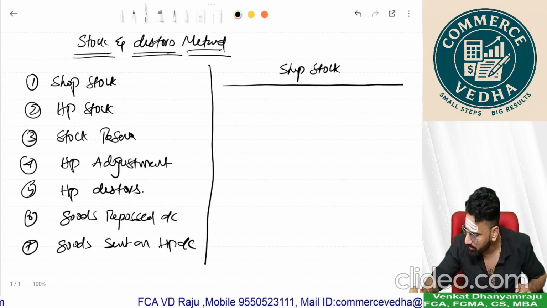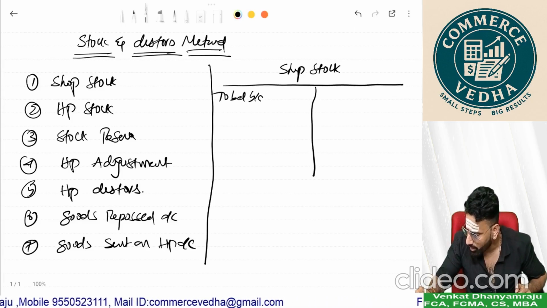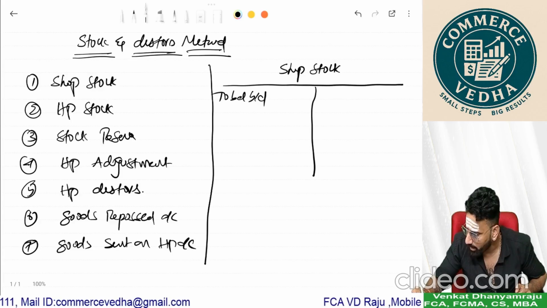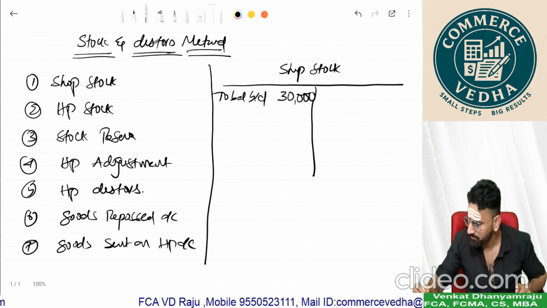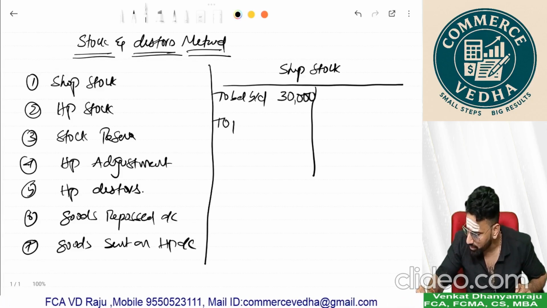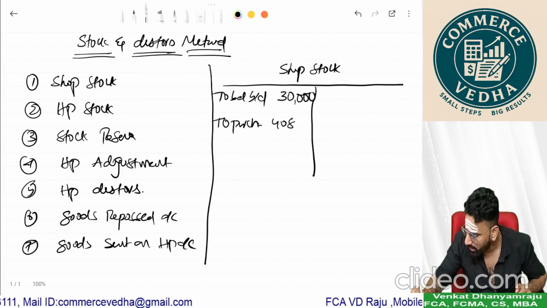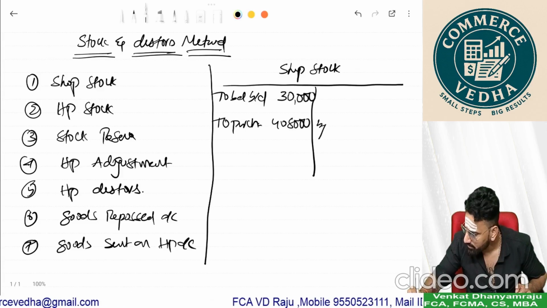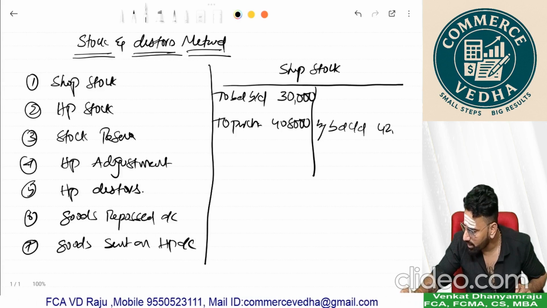As simple as our previous one. To balance brought down, I think the opening balance in shop stock is 30,000. And to purchases, we prepared purchases 4,08,000. By balance carried down 42,000.